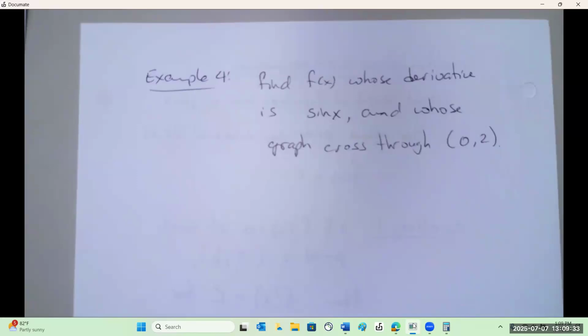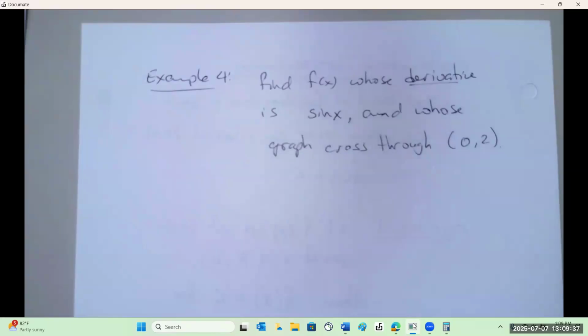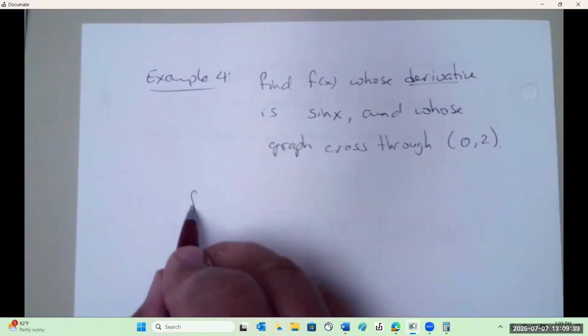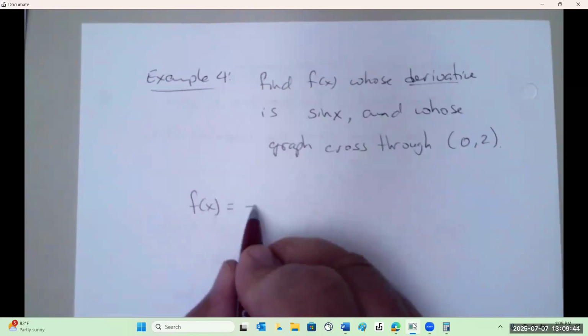All right. So the derivative, give me a function whose derivative is sine of x. Who's that? Negative cosine. Very good.